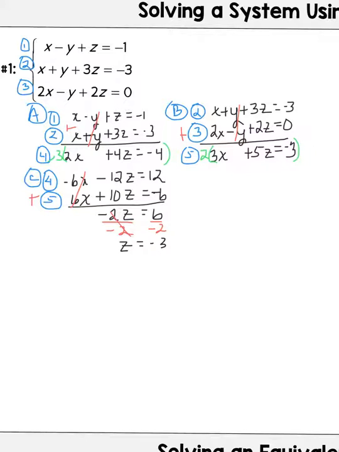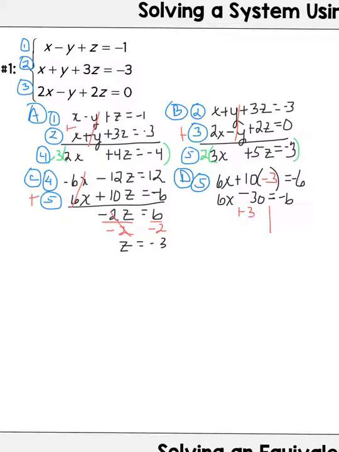So part D, I'm going to use equation 5, and we're going to plug in for z. So 6x plus 10 times z, which is negative 3, equals negative 6. So 6x minus 30 equals negative 6.